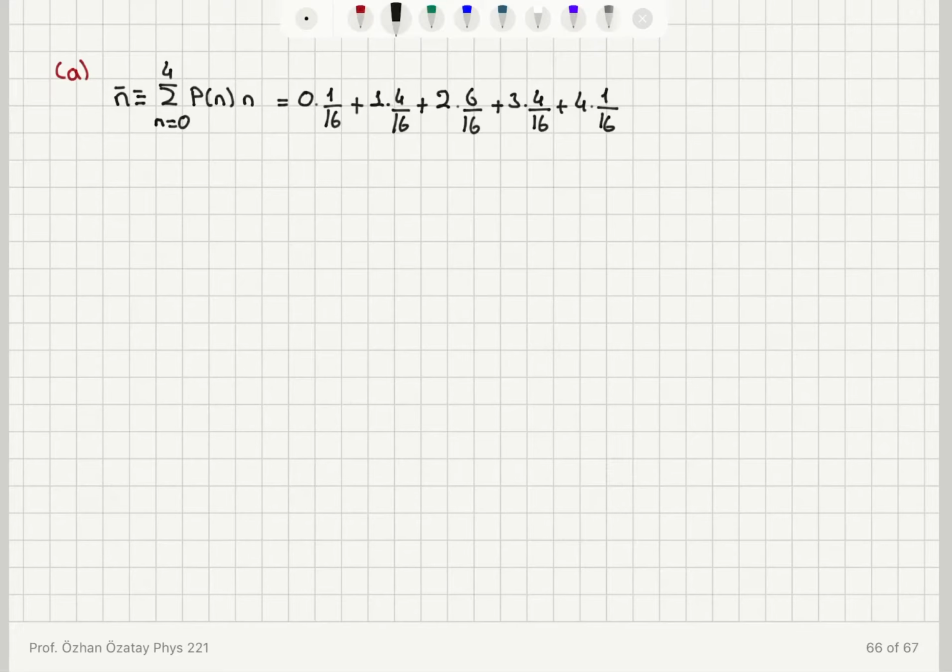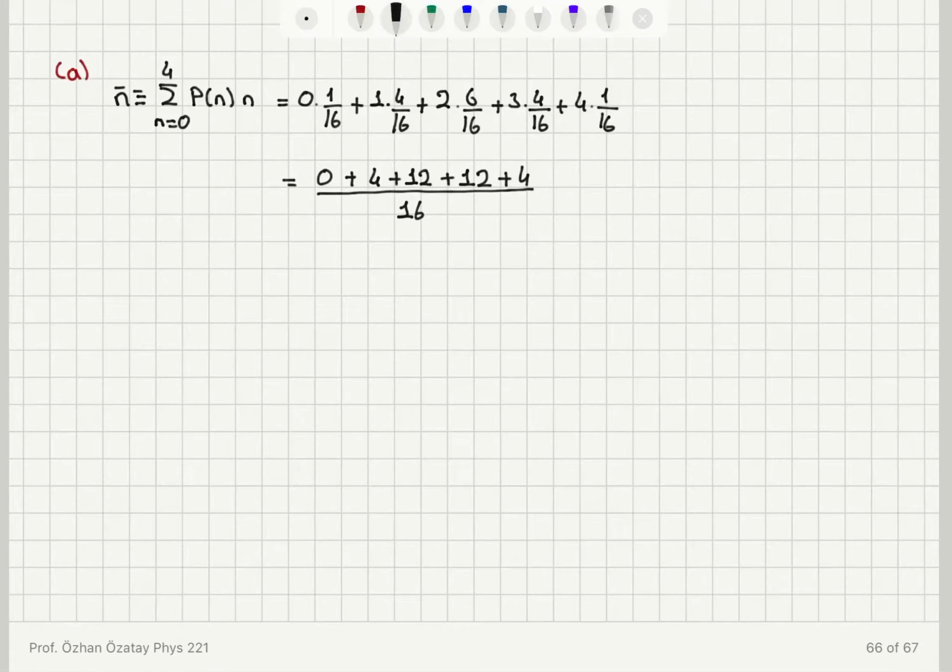So if I add these numbers, I will get 0 plus 4 over 16 plus 12 over 16 plus 12 over 16 plus 4 over 16.